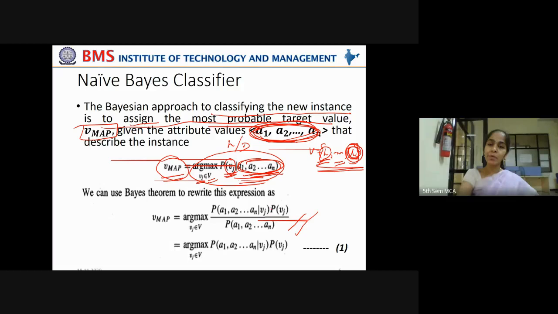That is the prior probability of the outcome label, irrespective of the attribute values given, divided by the probability of occurrence of those attribute values, the new instance attribute values, irrespective of the outcome label. And that is a constant.